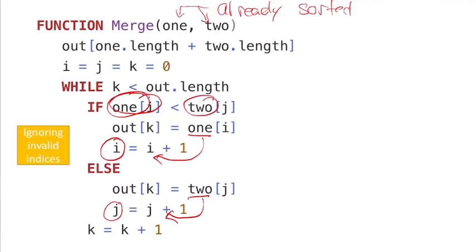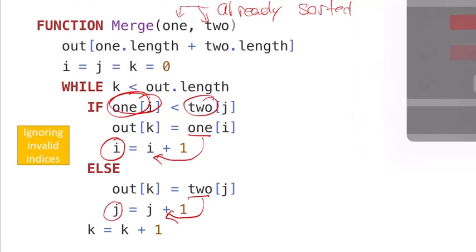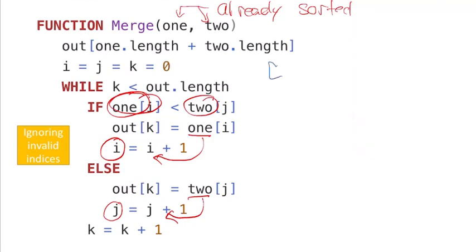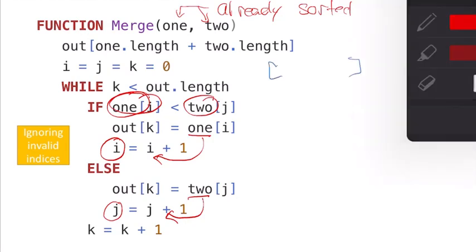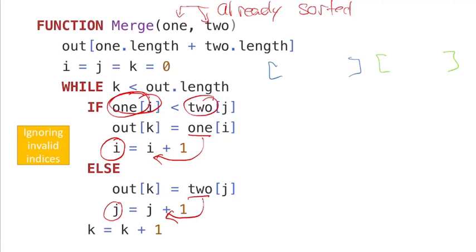And this pseudocode here is not necessarily perfect because it assumes that nothing goes wrong if you have a bad index. So just for example, let's say that here's our 1 array and here's our 2 array, and let's just say it so happens that all of the elements inside 1 are less than all of the elements inside 2.